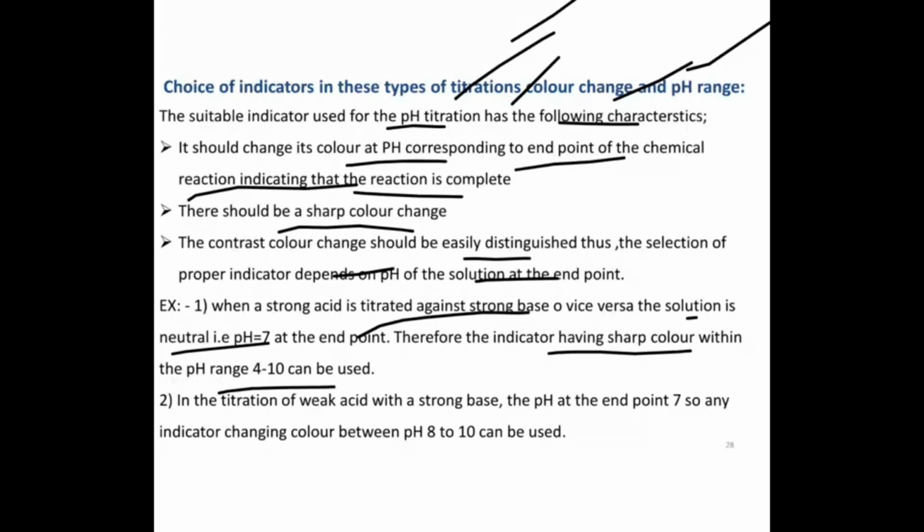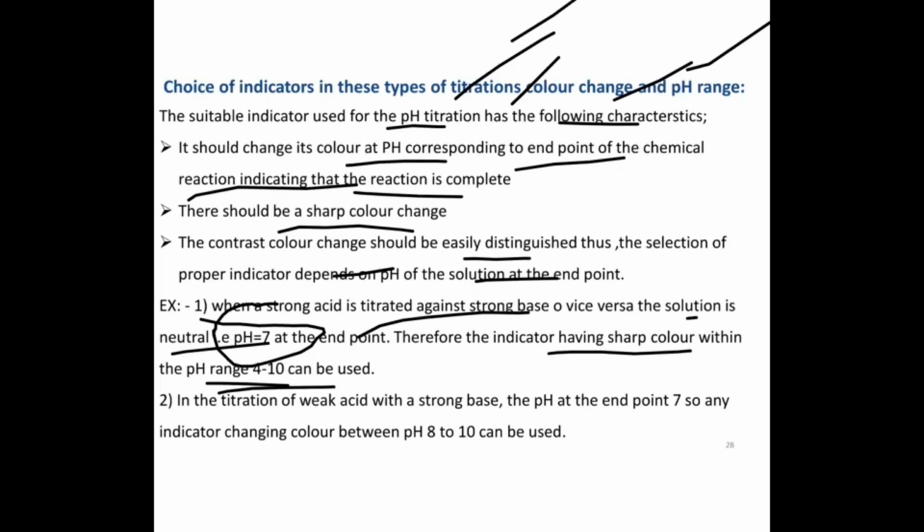For a strong acid versus strong base reaction the range will be 4 to 10, because the neutralization point is 7. So 4 to 10 or 6 to 8, whatever the pH range, we use indicators in that range.